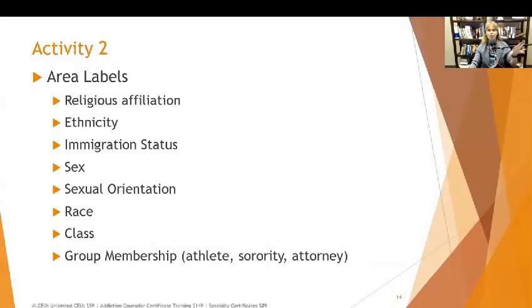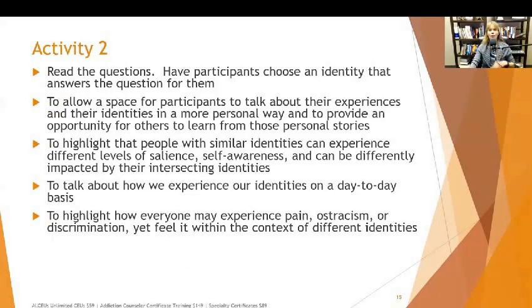And you can use different group memberships, and obviously you have to do more than just the corners because there's way too many areas. But then there's a set of questions, and you want to read the questions and have participants choose an identity that answers the question for them. So it takes them a second to figure out which, if they have to choose from the 15 things that are out there, which one best answers this question for me.